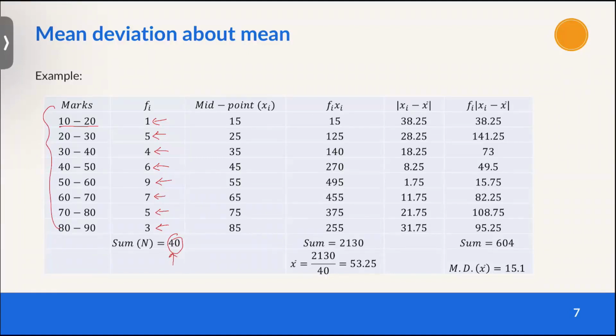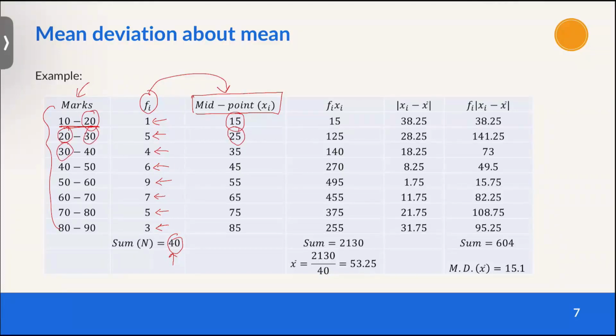Now remember what we told you? We should take the midpoint of this range, and we are saying that this frequency is centered about this midpoint. So for each class we will take the midpoint. From 10 to 20 we are taking 15, and from 20 to 30 we are taking 25. Now you see 20 is in both ranges, 30 is in both ranges.